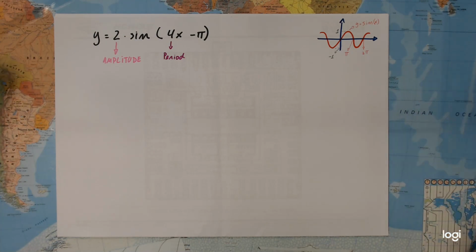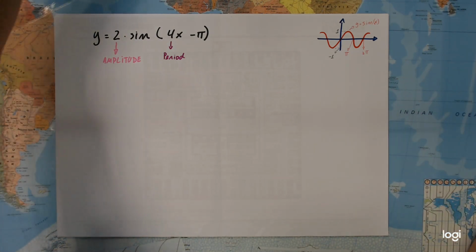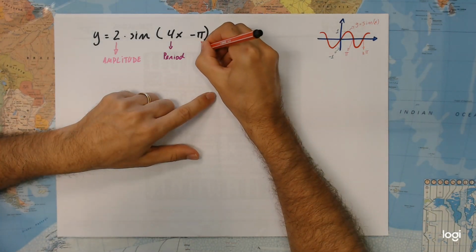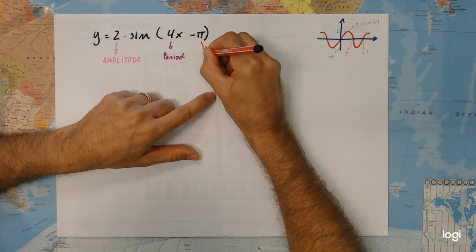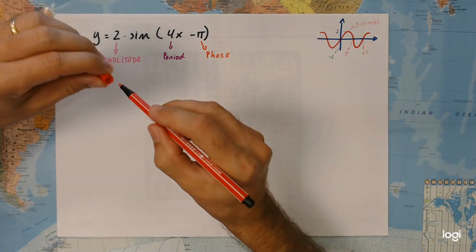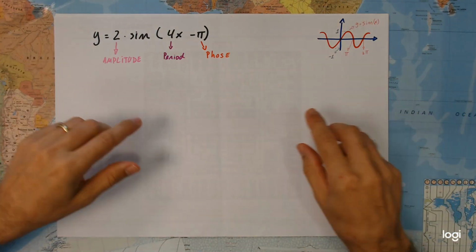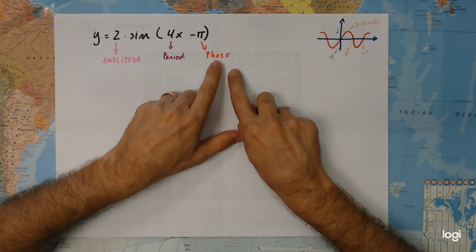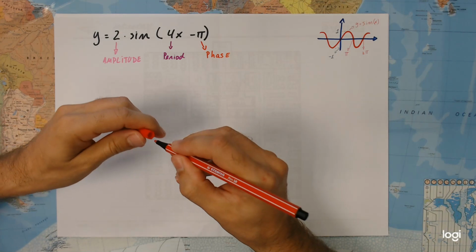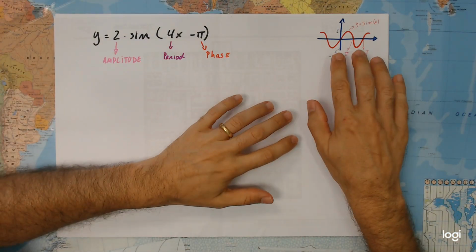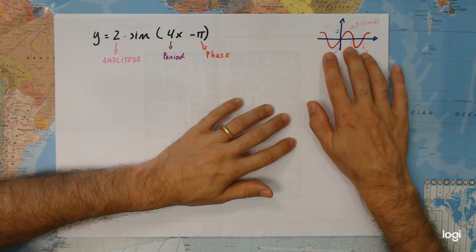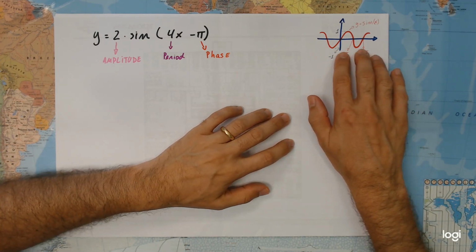And this last one, let's take the red one. This is going to deal with the phase. What about the phase? This is A, okay? The phase is just like taking the entire curve and moving everything to this side or everything to the other side.